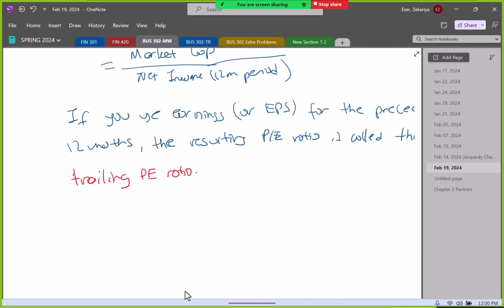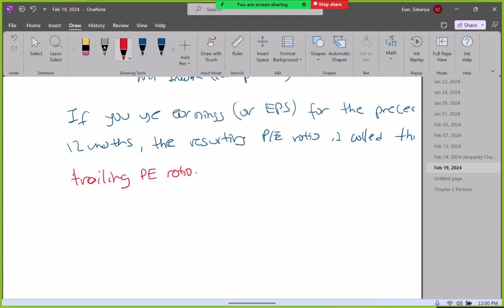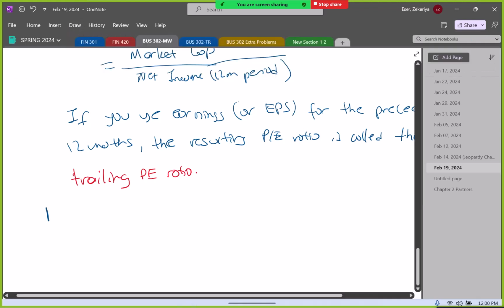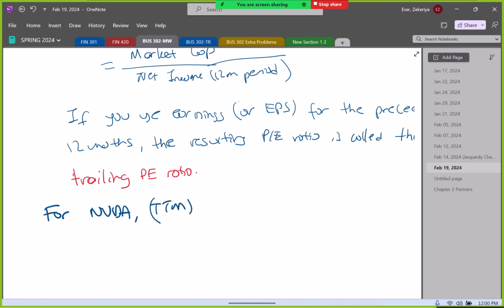For example, Nvidia trailing 12 months, TTM is short for that, EPS is $8.58. Current price, today's market is closed, but 727.